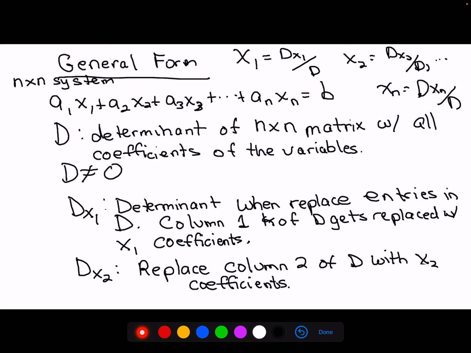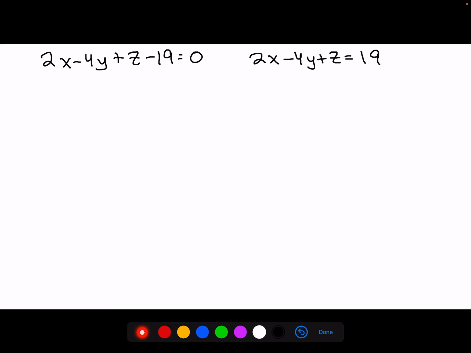All right, so let me do a 3 by 3 that actually works. The one we did earlier wasn't going to work because D was 0. Let's say you have the equations 2x minus 4y plus z minus 19 equals 0. Keep in mind we need this in standard form, so we really need 2x minus 4y plus z equals 19.